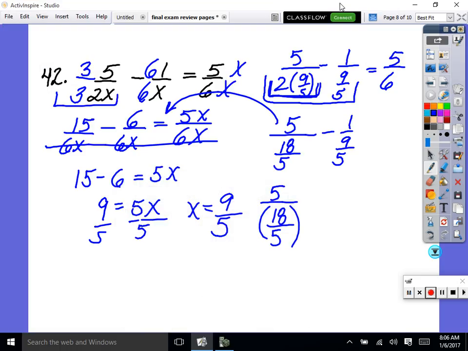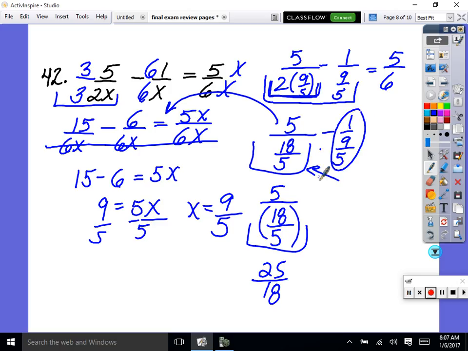So we have 25 over 18. So this piece became 25 divided by 18. And then you'll type this piece into your calculator just like we did with that. So 1 divided by parentheses 9 divided by 5, and you will get 5/9.